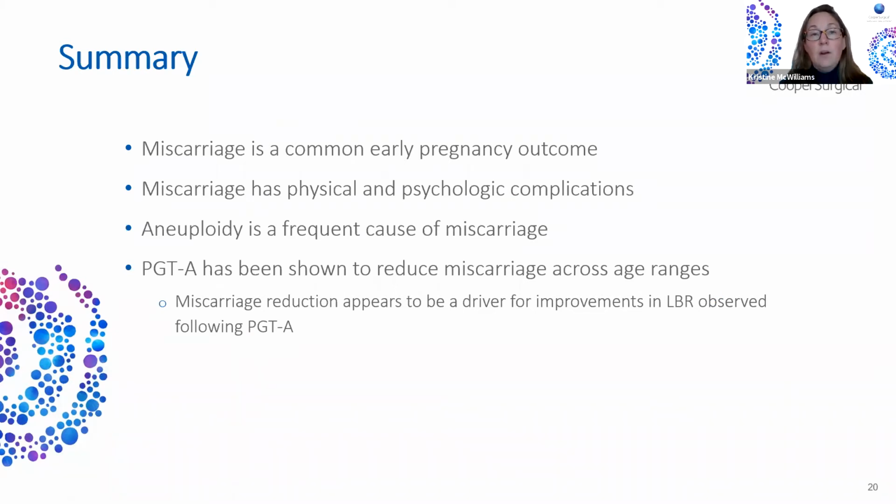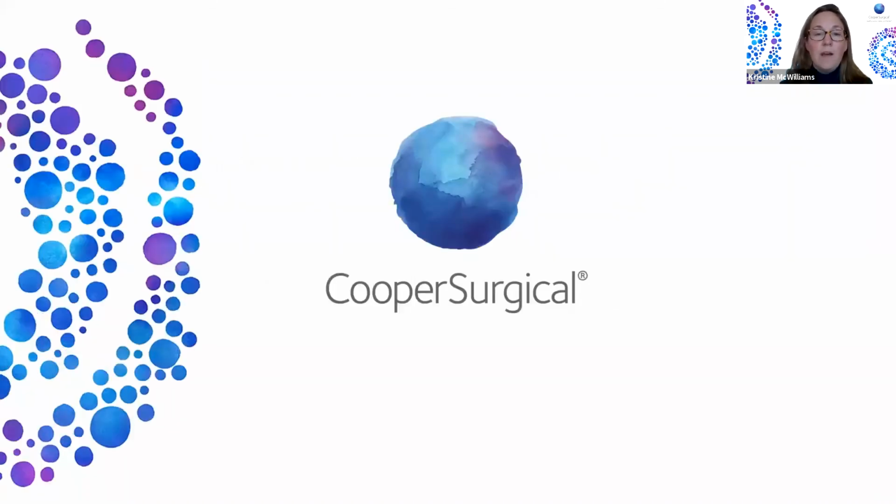In fact, miscarriage reduction appears to be a driver for improvements in live birth rates observed following PGTA in those studies that did observe that outcome. And with that, I thank you very much for your time today.